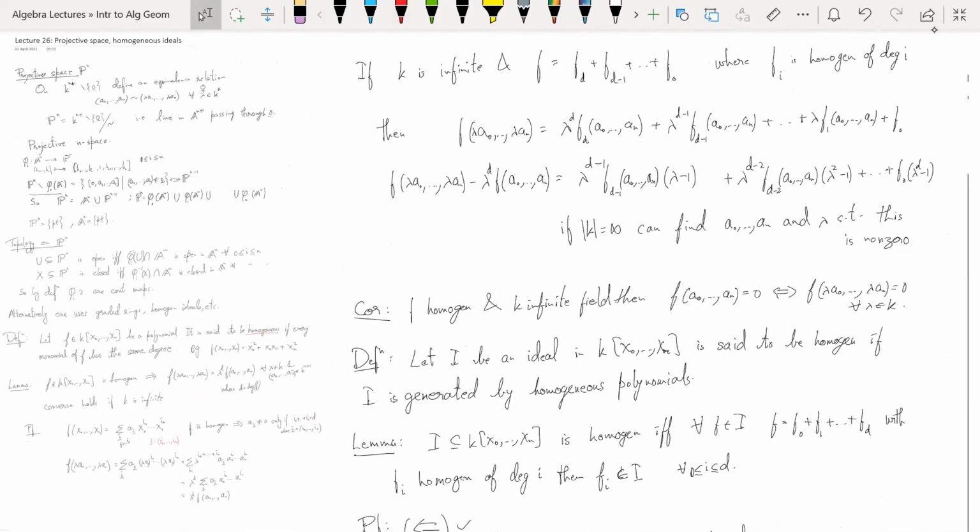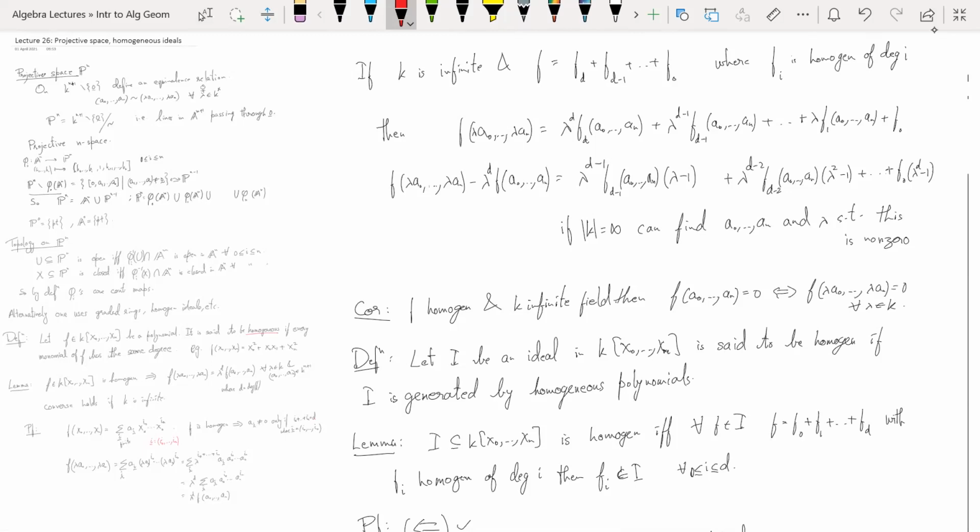If k is infinite, then we want to show that if this identity holds, then f must be homogeneous. One can write f as a sum of homogeneous polynomials of various degrees.